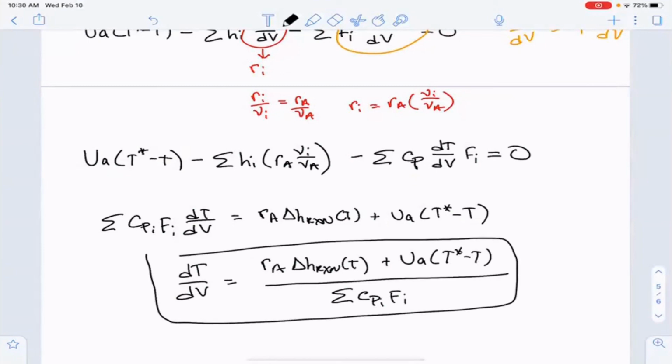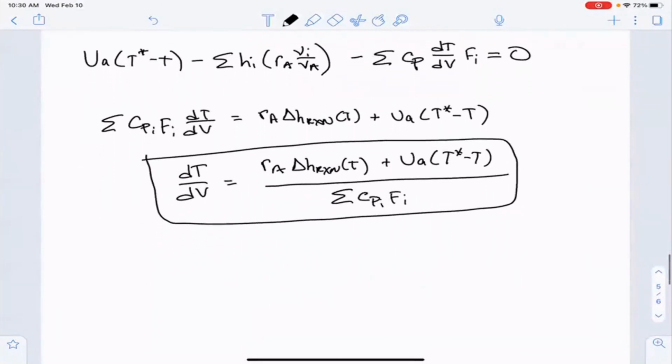So that is our expression for the energy balance, or the solution of the energy balance for a PFR, right? So this is our energy balance.